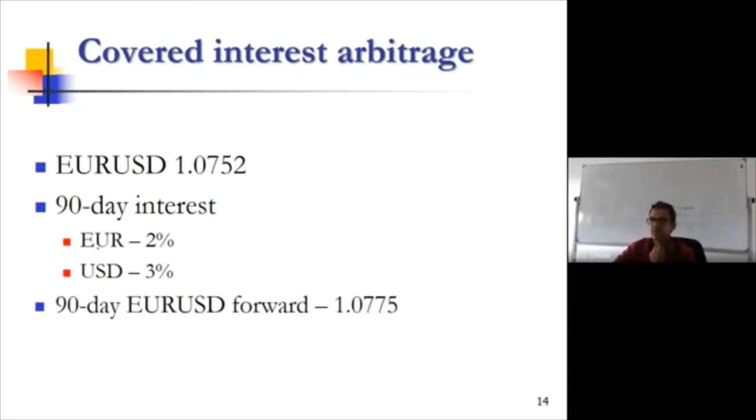You can borrow or lend euro at 2% for 90 days, and you can borrow or lend dollar at 3%. Again, remember, in practice, you may see bid and offer rates, so you have to apply the correct bid offer rates and derive the correct forward rates. So this information is given.